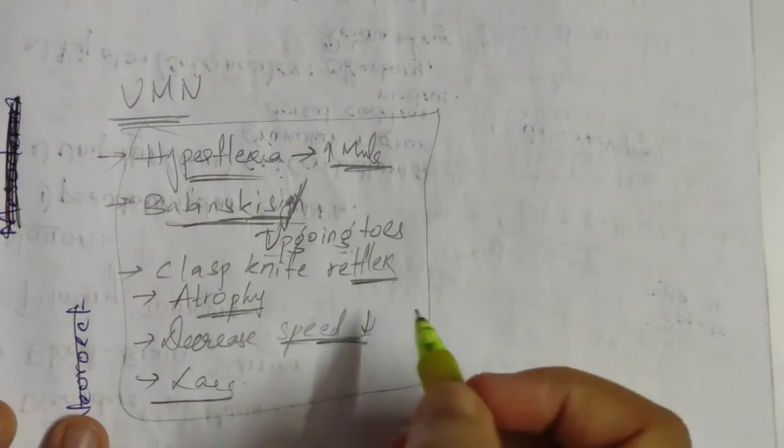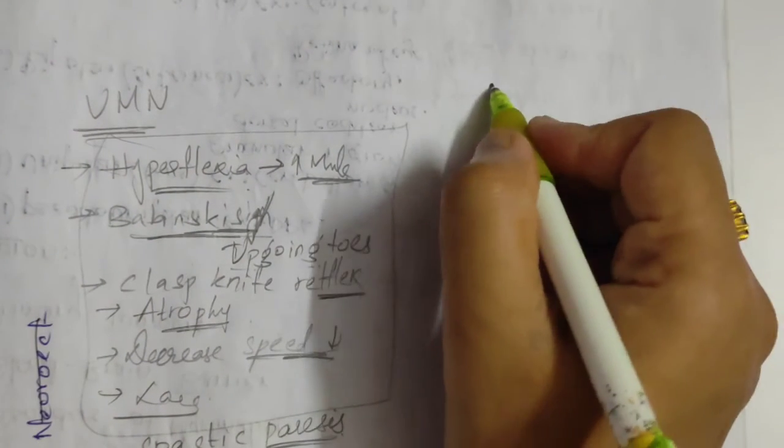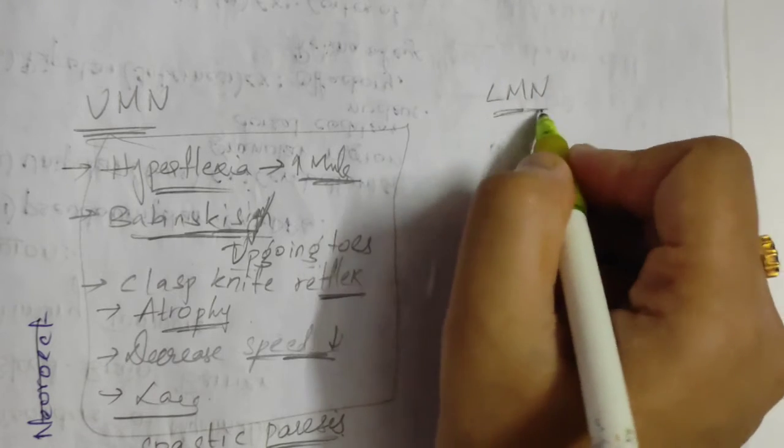So a large area of the body is affected here. These are the classic symptoms of spastic paralysis, I mean spastic paresis.